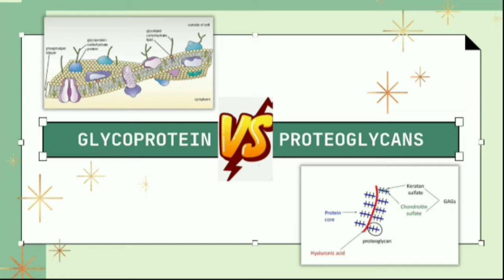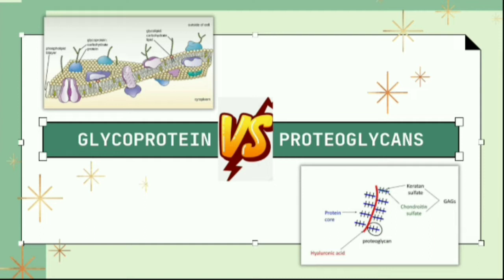And then when it comes to the structure of these two, glycoproteins have short, highly branched glycan chains with no repeating units, whereas proteoglycans have long unbranched chains with disaccharide units as repeating structures.